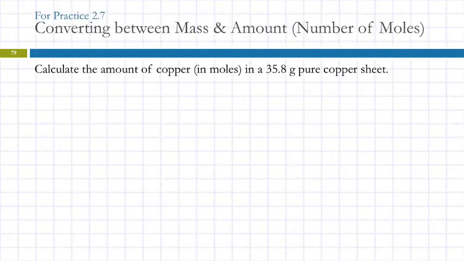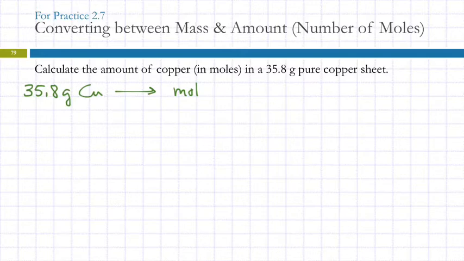So let's calculate the amount of copper in moles in a 35.8 gram pure copper sheet. So 35.8 grams of copper, and we want to know the number of moles. So grams to moles we can do in one step.